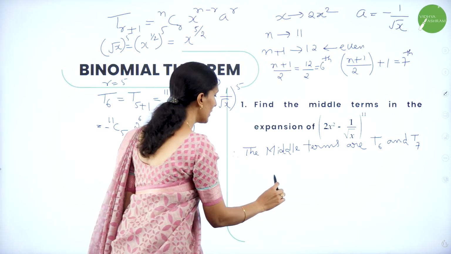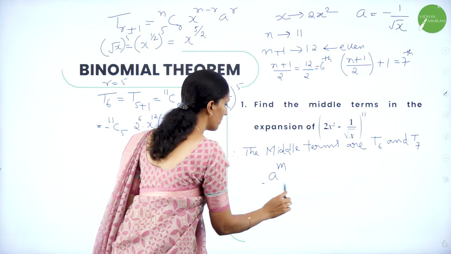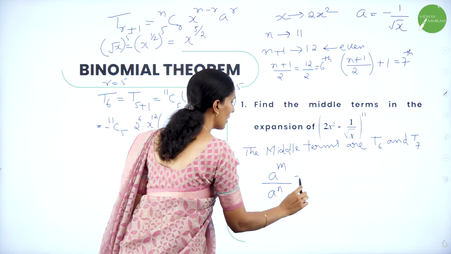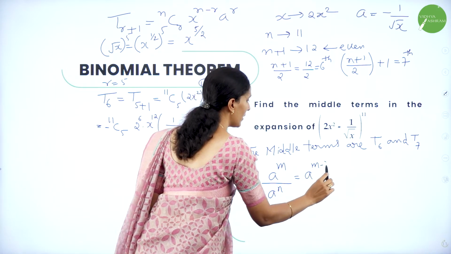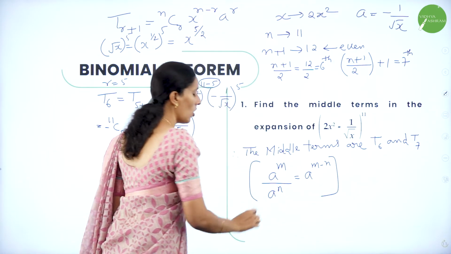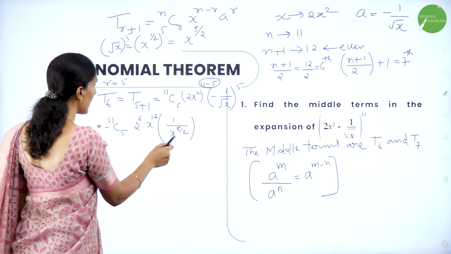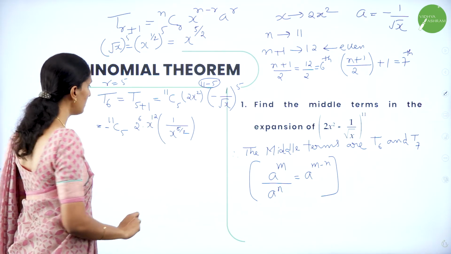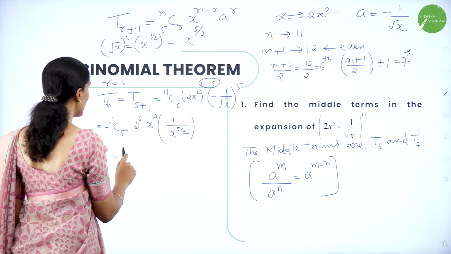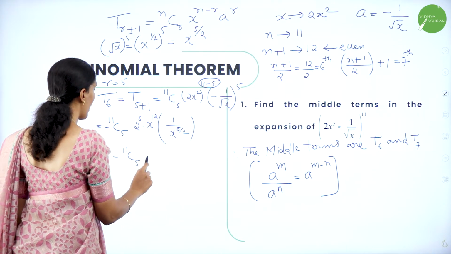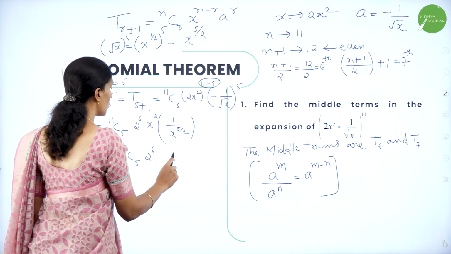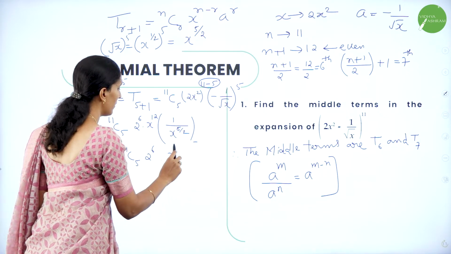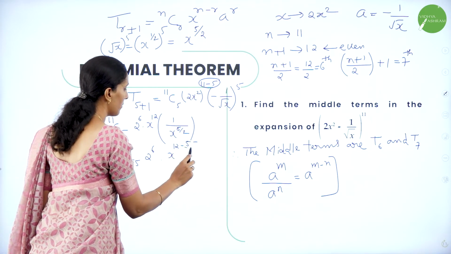Remember the laws of indices. A power m by a power n can be written as a power m minus n. Laws of exponent. When you have same base with numerator and denominator, you can subtract the powers. So minus 11C5 2 power 6 into this is x power 12 minus 5 by 2.